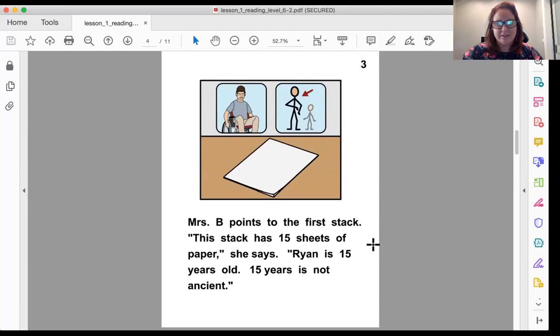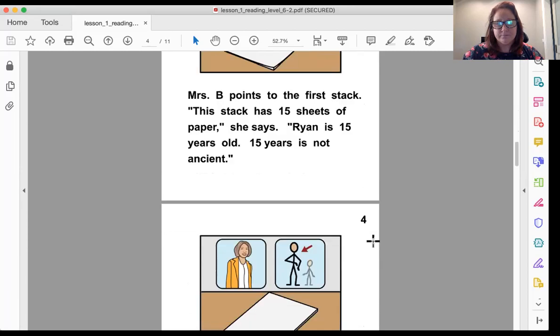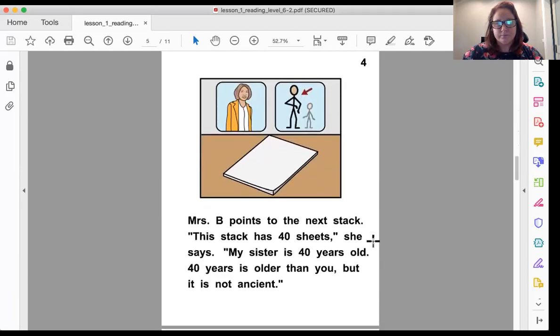This stack has 15 sheets of paper, she says. Ryan is 15 years old. 15 is not ancient. Mrs. B points to the next stack. This stack has 40 sheets, she says.